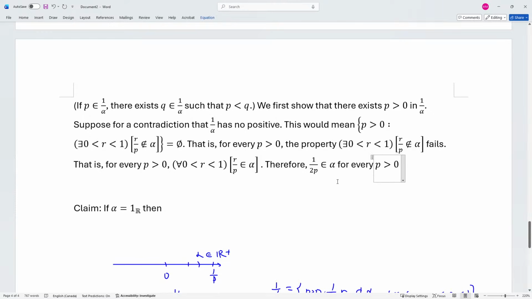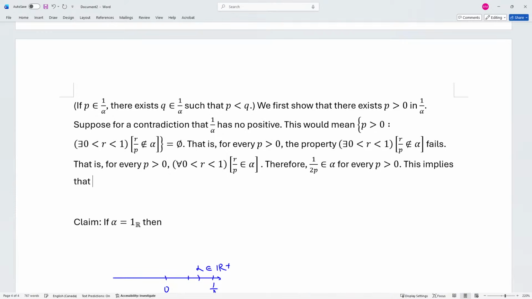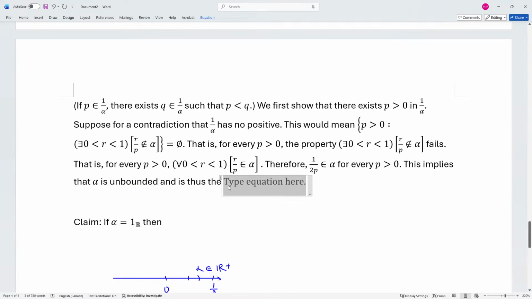But this is unbounded, so alpha is the whole Q, because 1 over 2p can be arbitrarily large. A contradiction, because alpha is a cut.